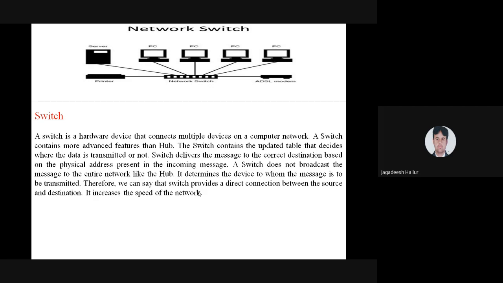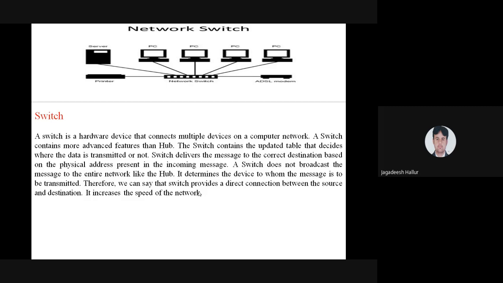A switch contains the updated table that decides where the data has to be transmitted or not. The switch delivers the message to the correct destination based on the physical address present in the incoming messages. So I already told you, it maintains the memory table in the switch. Where the data has to be sent, that physical MAC address has to be maintained in that table. A switch does not broadcast messages to the entire network like the hub.